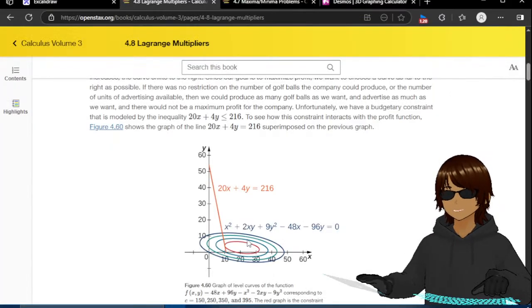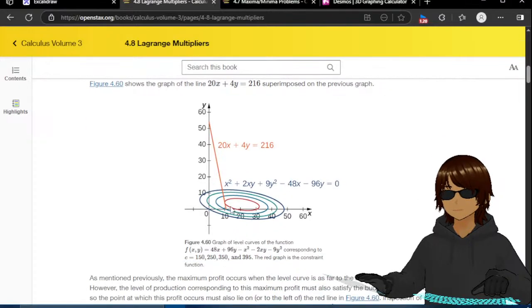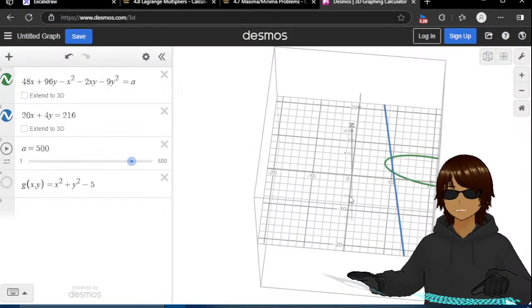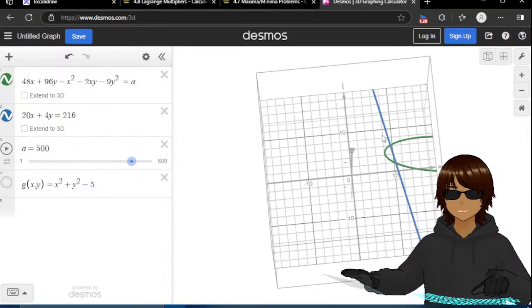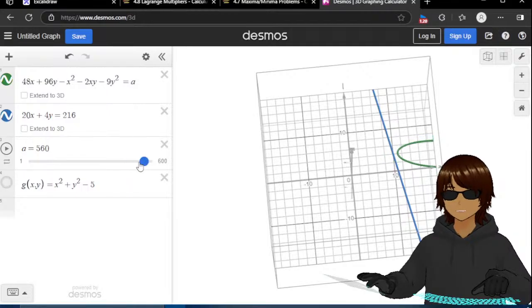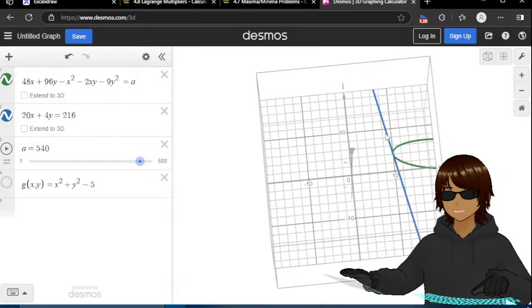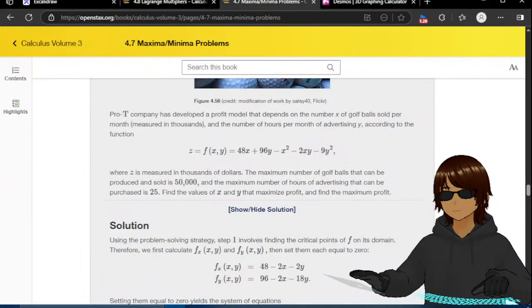Wait, yeah, this would give a straight line. Oh, this is 20x plus 4y. I was thinking of the inner circle. So we move this as far right as possible, until the gradient of one matches the gradient of this line.